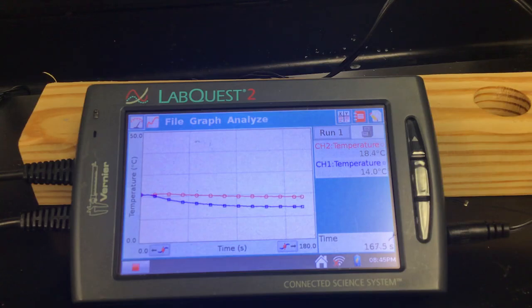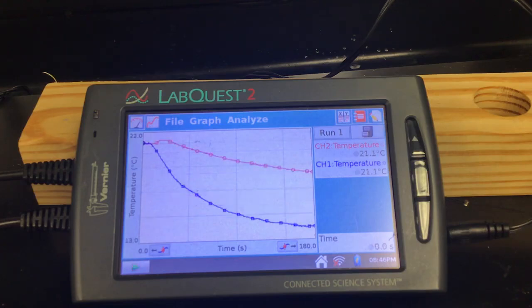So it looks like our data is coming out pretty well, actually. And I'll stop there at 180 seconds, and we'll go ahead and take a look at our slope data.